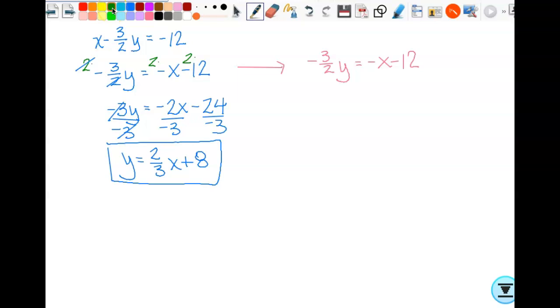So if I divide by negative 3/2, that's the same as multiplying by the reciprocal, right? So I can multiply by a negative 2/3, and I can multiply this side by a negative 2/3. So these cancel out to be 1, so I get y equals, then when I distribute this gives me positive 2/3 x, and then 24 divided by 3, positive 8.